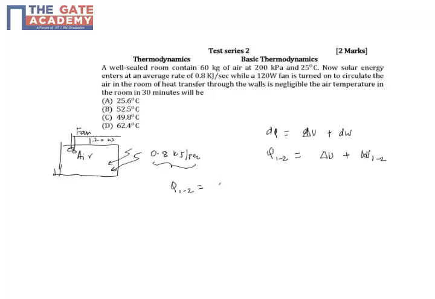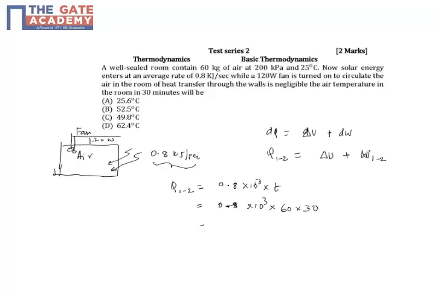In 30 minutes, with 0.8 kilojoules per second, kilojoules is 10 power 3 joules per second, so we multiply with the time, since we are looking for the total heat addition in 30 minutes. So 0.8 into 10 power 3 into 30 minutes into 60 for the seconds.